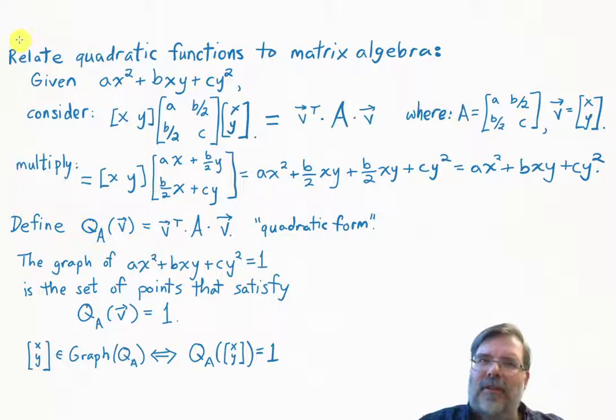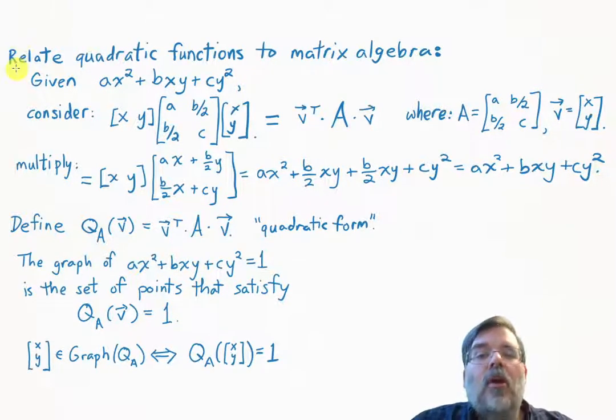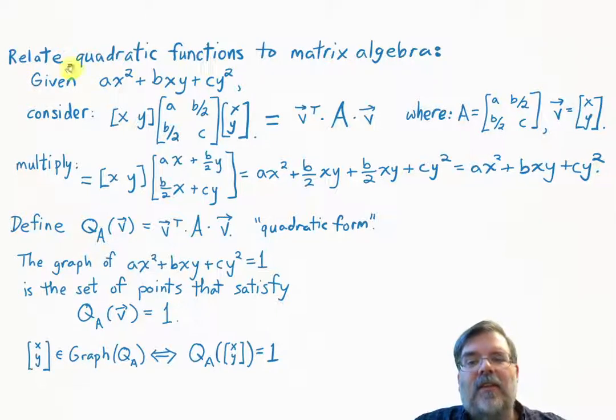Now, what does this have to do with matrix algebra, which is what we're studying? Well, the idea is we're going to take this more complicated quadratic equation, more complicated because of the xy term, and we're going to write it in a form involving matrices and vectors. So consider this expression. I have a row vector xy, and then I have this 2 by 2 matrix.